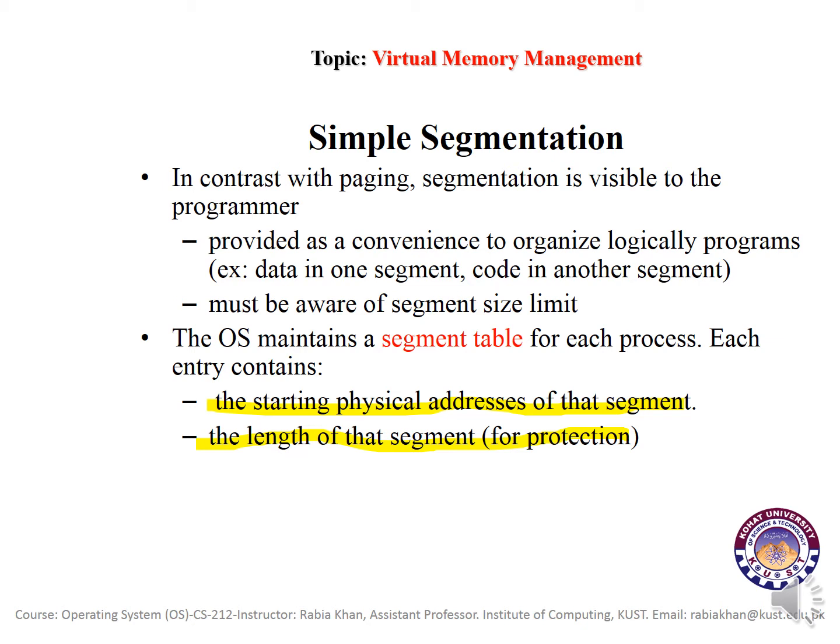The length or size of the segment is required because segments are of varying lengths, and this is also required for the protection of different segments from segments of other processes in main memory.